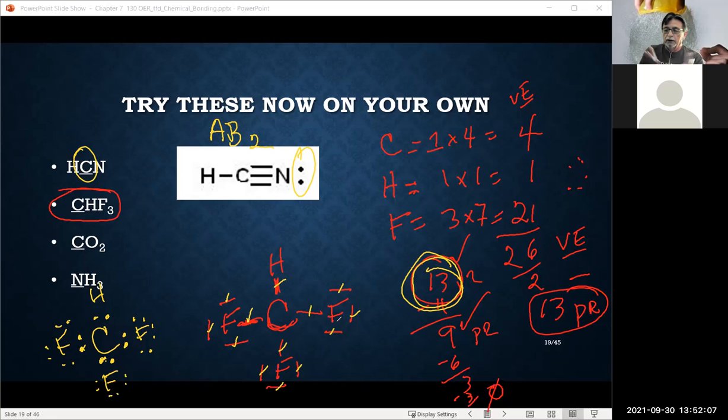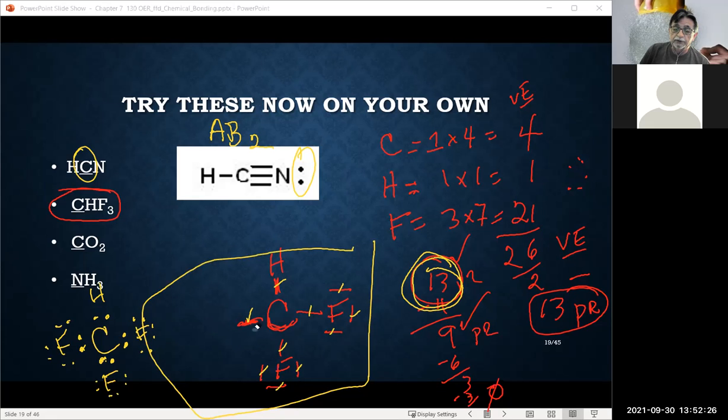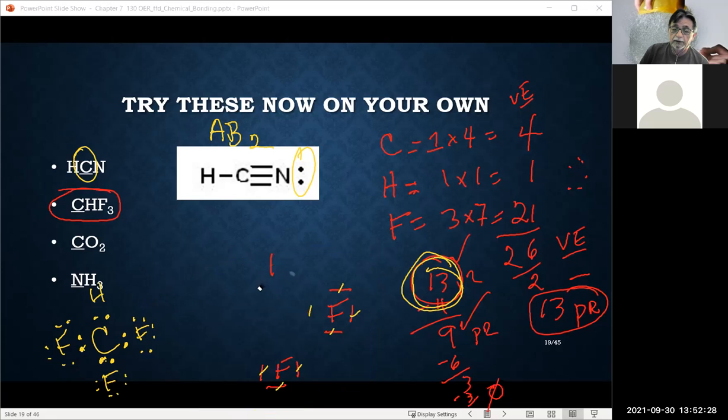So I checked to make sure the valence electrons are the same, and they are 13. And so now that's my formula. Let me clear this up a little bit. It looks like it's getting a little too messy. Let me redraw it, because the next step is to determine the geometry. And so this is what I had.